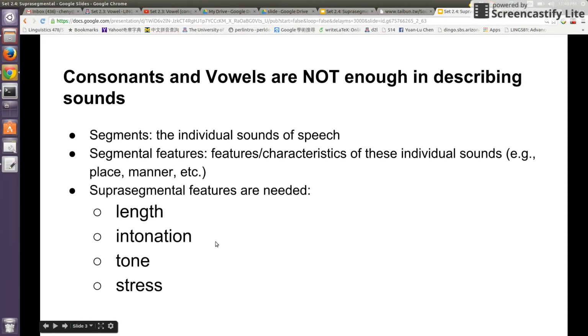We need something more. Suprasegmental features are needed. There are four suprasegmental features in human languages: length, intonation, tone, and stress. We are going to talk about each one by one.